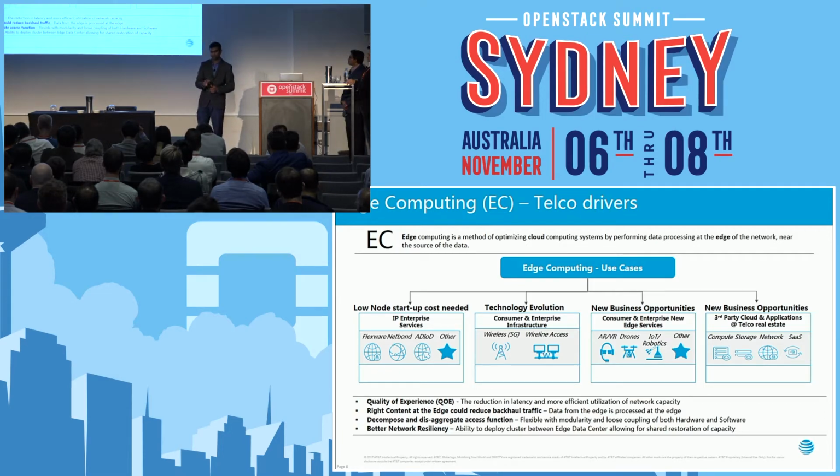The other one is decomposed and disaggregated access functions. They covered that in a broader spectrum, because this brings an improvement on what we have been seeing with cloud computing. In cloud computing, we talk about auto scaling and dynamic provisioning. These were not supported with the physical network function, because with a physical network function you have to ship a router or a switch, and you have to provision it.